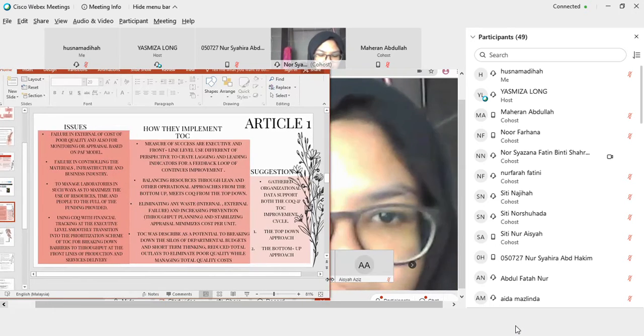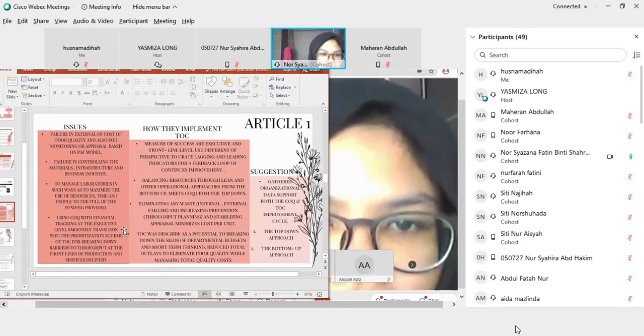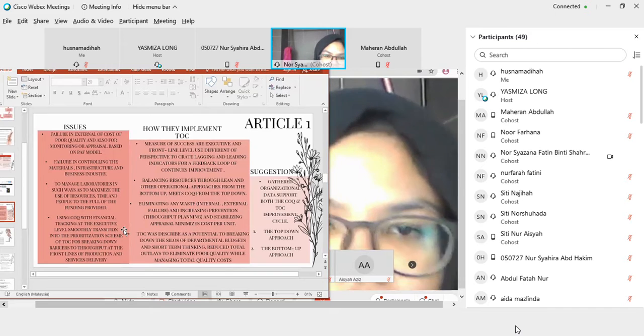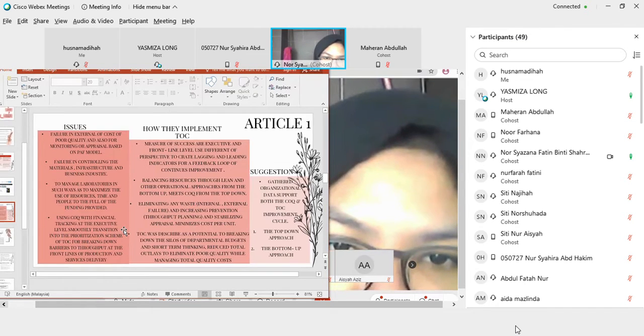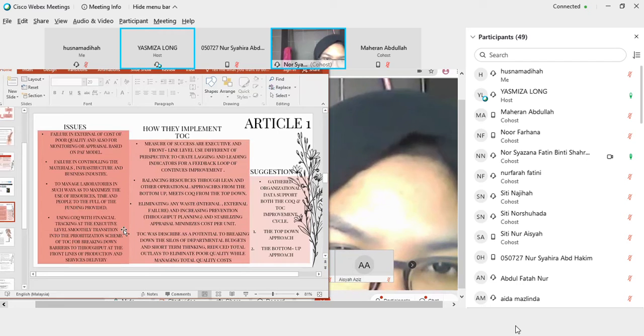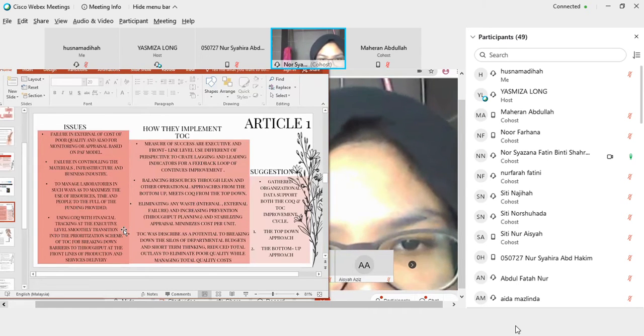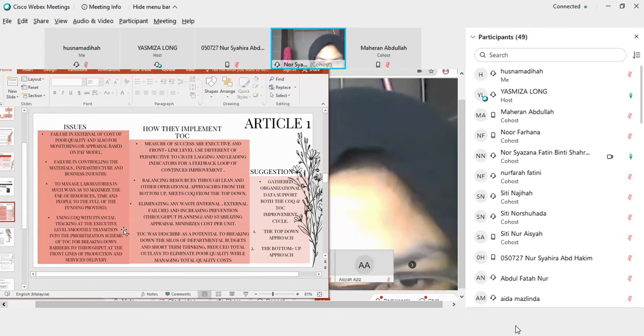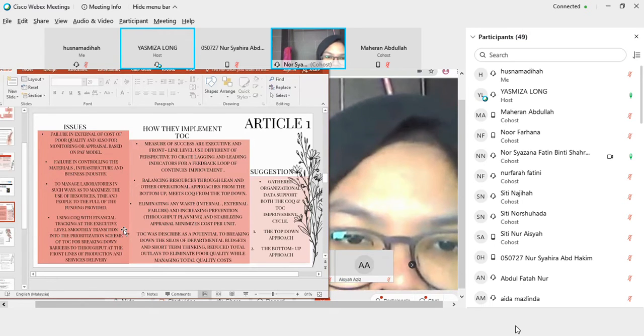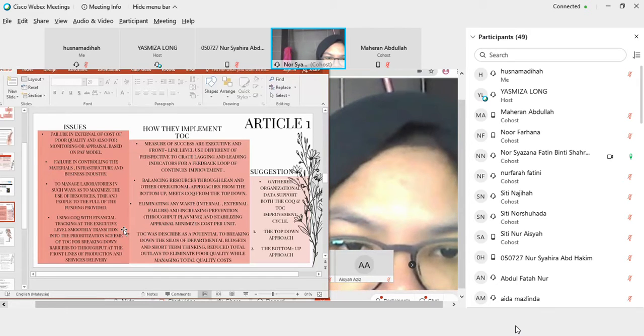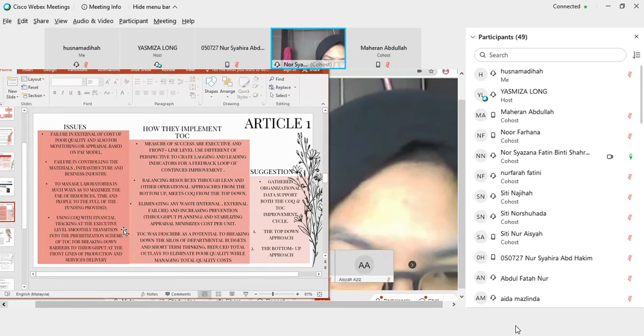Okay, for the article 1, the issue is the first one, failure in external cost of poor quality and also for monitoring or appraisal based on PAF model. Failure in controlling the materials, infrastructure and business industry. To manage laboratories in such ways as to maximize the use of resources, time and people to the full of the funding provided.